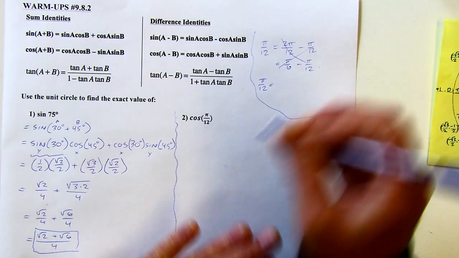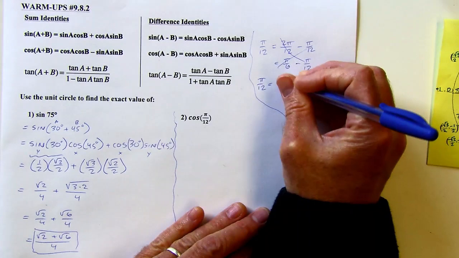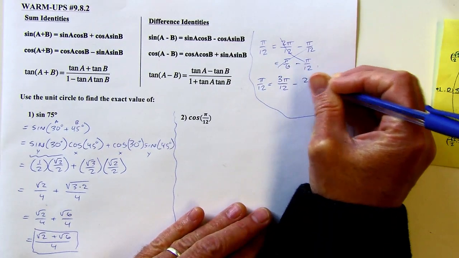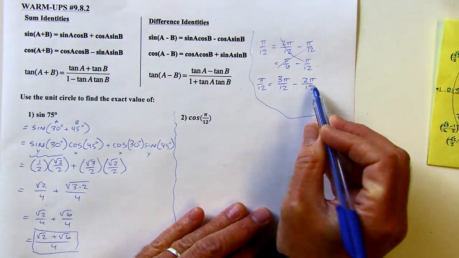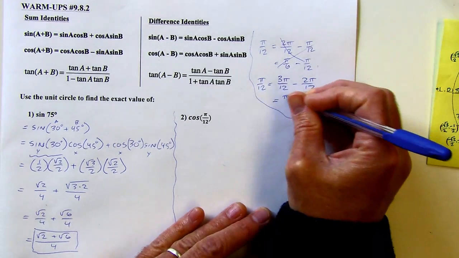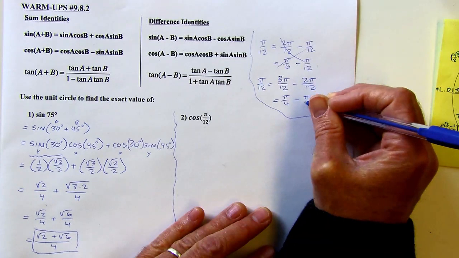What if I did, say, let's try 3 pi over 12 minus 2 pi over 12. I'm just kind of playing around with these. And then these, I can reduce both parts here, so let's do that. Pi over 4 and pi over 6.